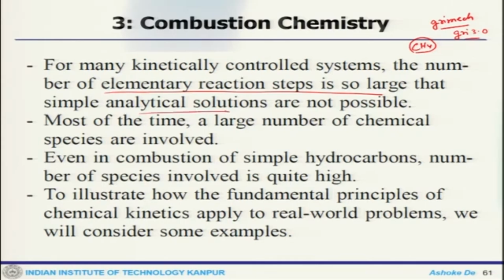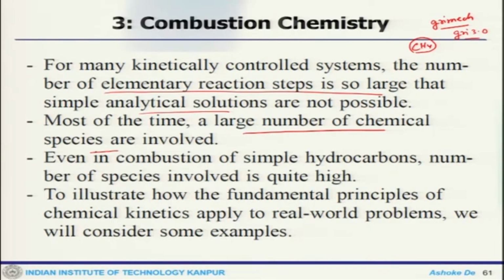On top of that, not only the elementary steps, you have a large number of chemical species involved. In totality, it becomes quite cumbersome to find the analytical expression for chemical time scale.